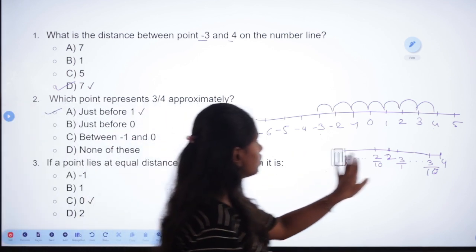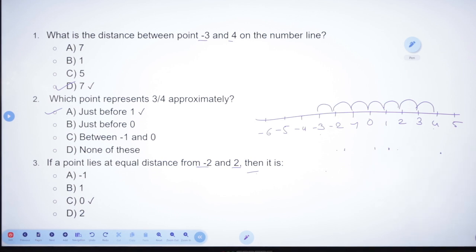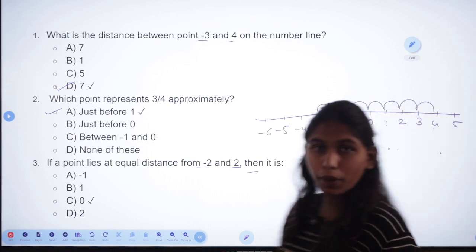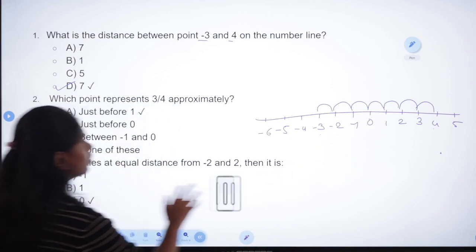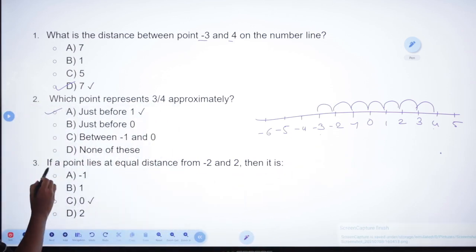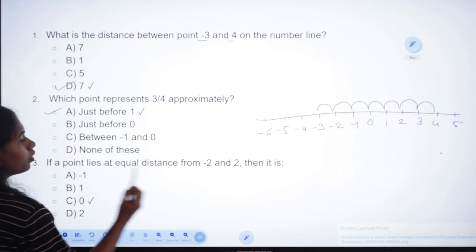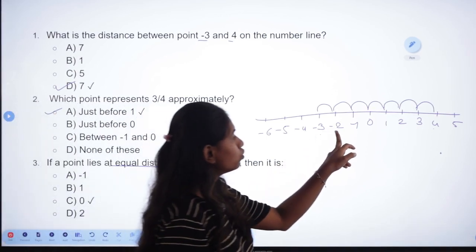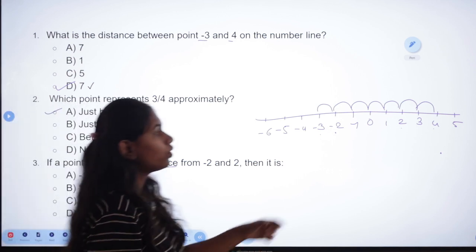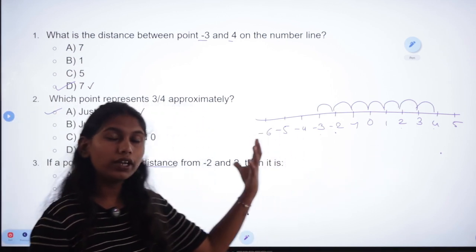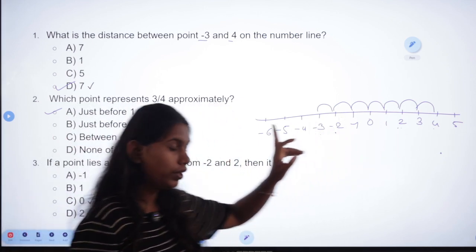Now next, if a point lies at an equal distance from minus 2 and 2. Here what is the question? If a point lies at equal distance from minus 2 and 2, we have to find out which is the point that has the equal distance from minus 2 to 2.